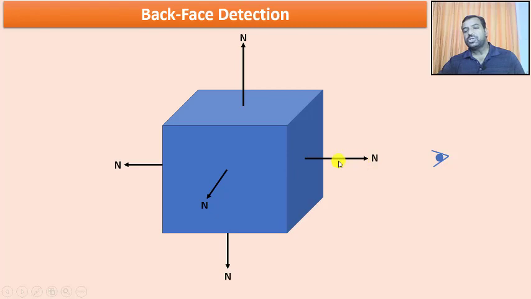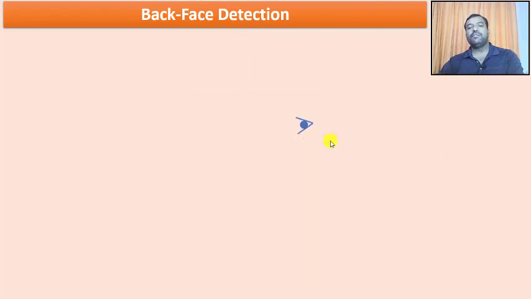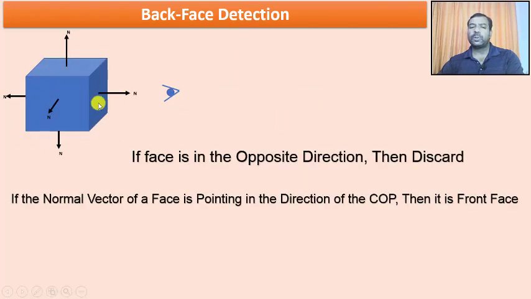Whichever normal vector is towards the viewer, we call a front face, and whichever normal vector is away from the viewer, in the opposite direction, we call a back face. So now when we have a cube with normal values, we can decide which face is visible and which is not visible.